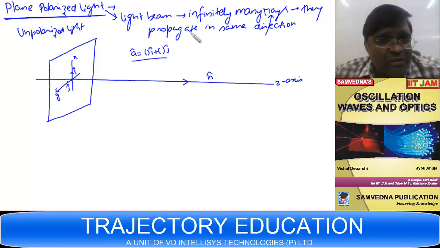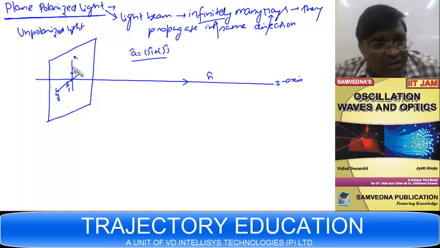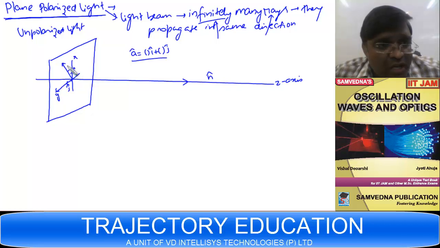So suppose I draw a direction making a small angle with the x-axis, and suppose I draw another direction making the same small angle with the y-axis.